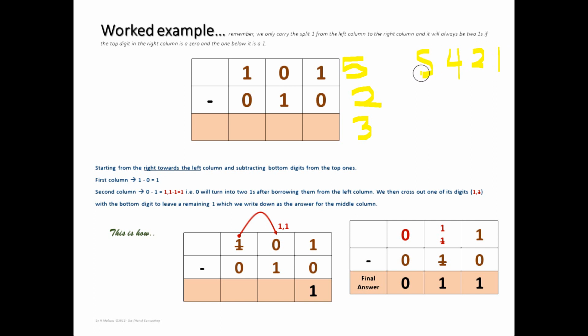Let me write this. 5 is 101, and 2 is 1 and 0. So we should have an answer of 3, which is 1 1.